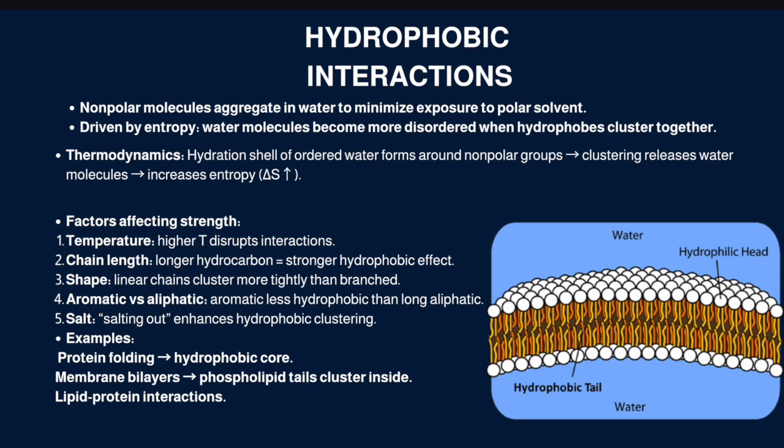When a hydrophobe clusters together, the water molecules become more disordered. Why? If you remember the previous example of sodium chloride, water molecules surround a particular sodium ion at a particular angle, like three water molecules around it.